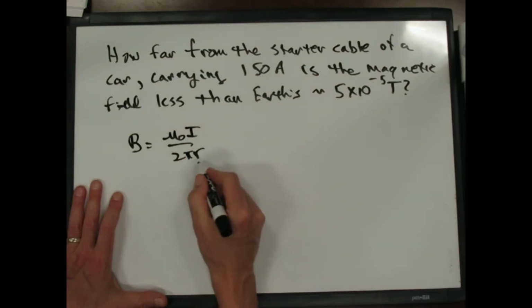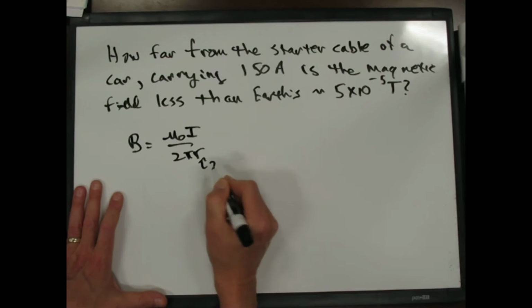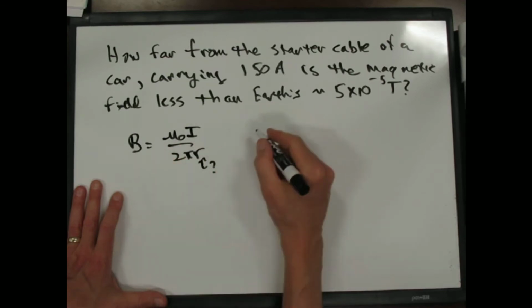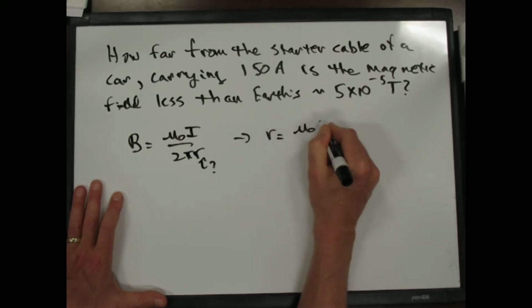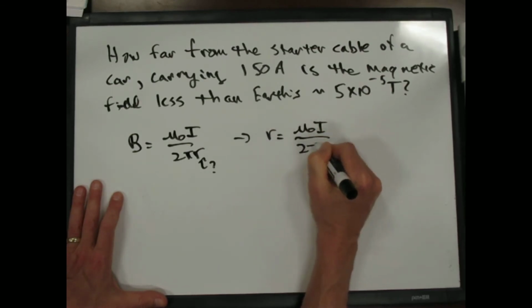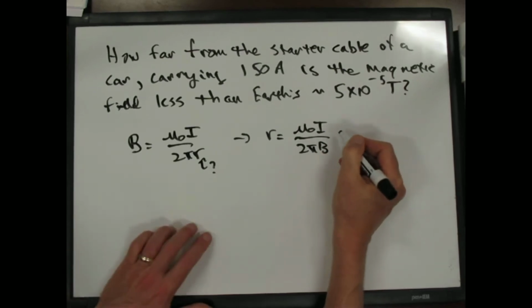But now they're asking us for r, and they're giving us everything else. So if we rearrange this formula, we get r is equal to mu naught I over 2 pi times the magnetic field. And we know all these.